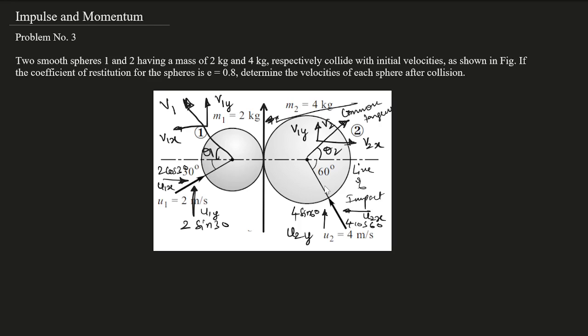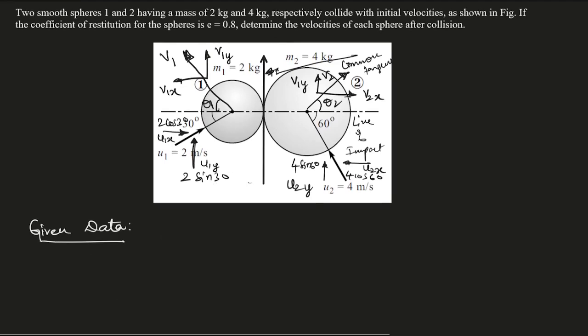Now first of all we'll start solving the problem with the given data. We have two spheres, 2 kg and 4 kg. So mass m1 equal to 2 kg, m2 equal to 4 kg.